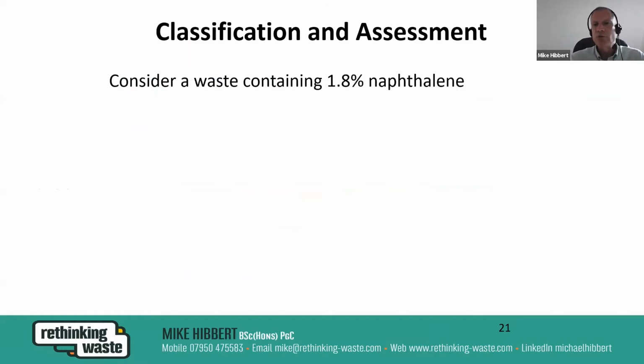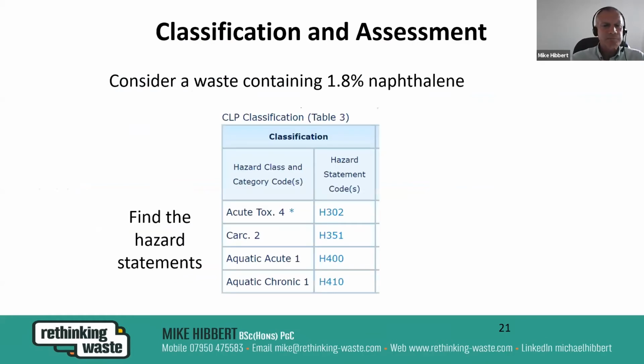So if we consider a waste stream that contains 1.8% naphthalene, what we will need to do is have a look at the background databases to find out from the chemical information and classification whether naphthalene has got a hazard statement. Once we've done that, and in this example it's got 4, we identify what the hazard statements are.